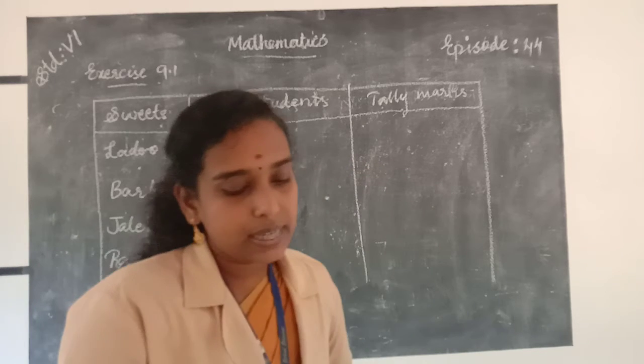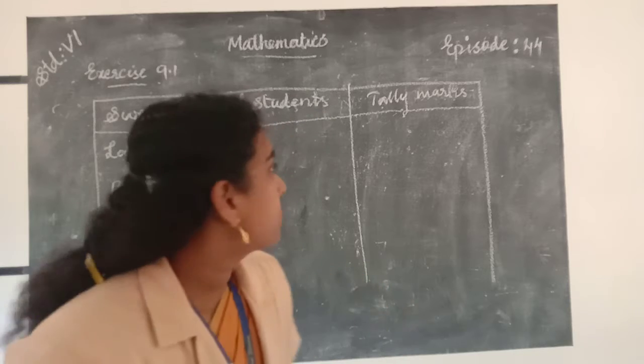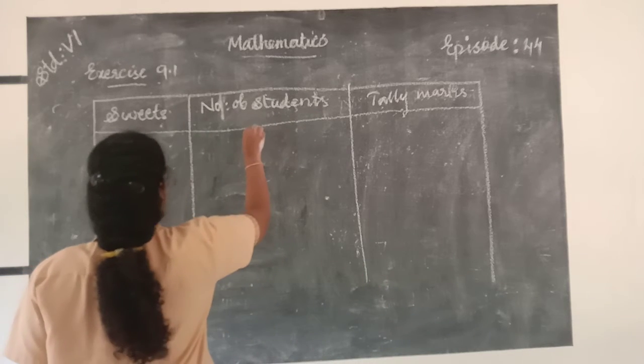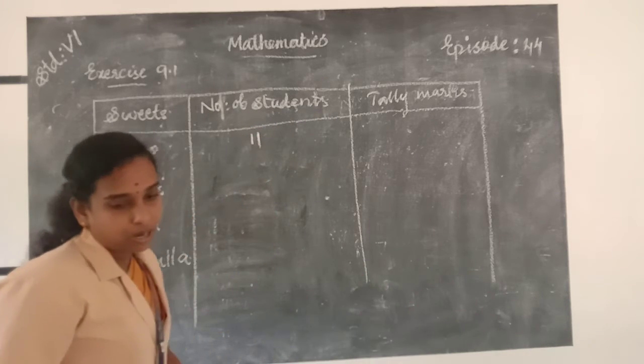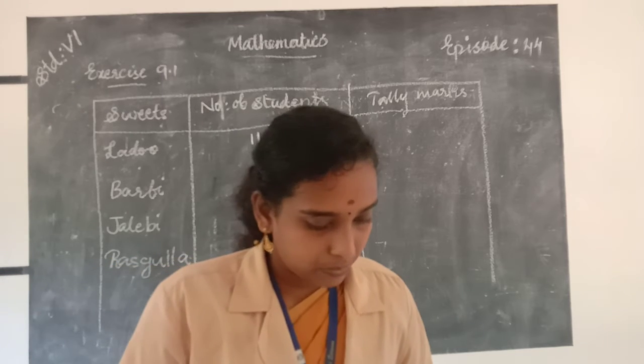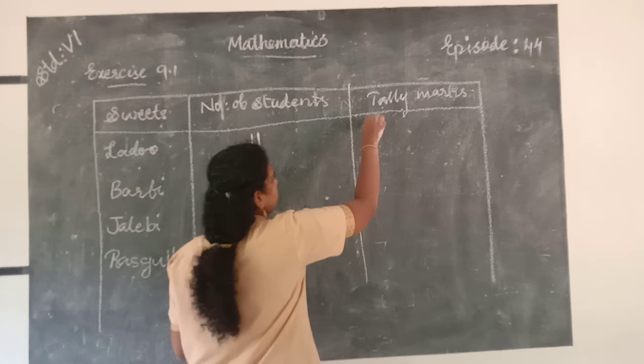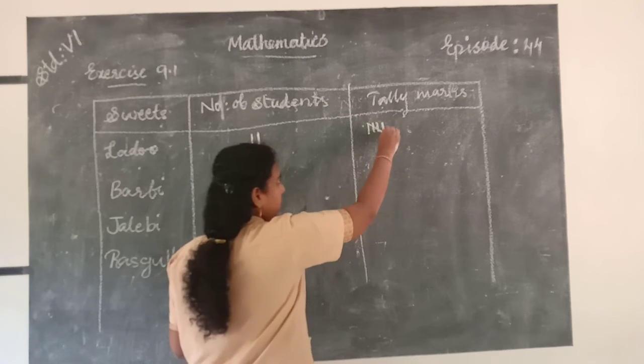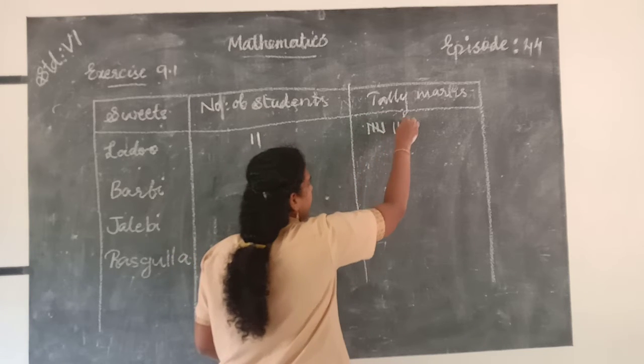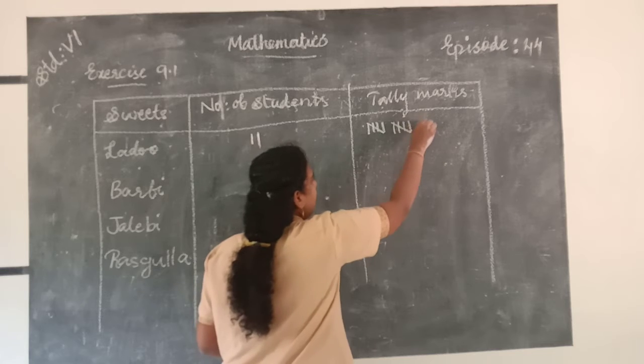So 11 students chose laddu. The number of students who chose laddu is 11, and we write the tally marks for 11.